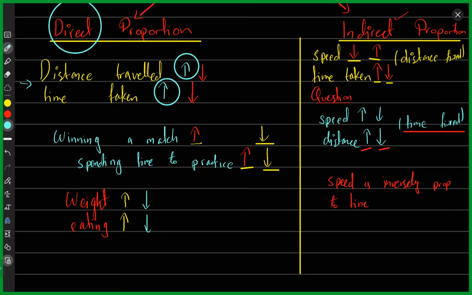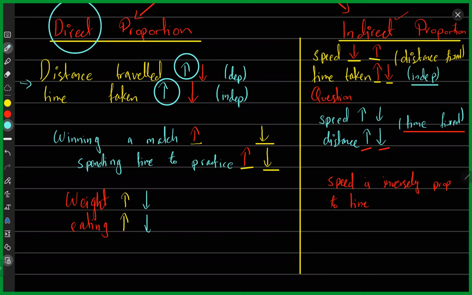So just know time is an independent quantity, and in maths we deal with independent quantities in a different way. So this is my independent quantity and this is dependent on time. If I talk about weight and eating, both of them can make a link, but similarly most of the time you will see that time is independent.